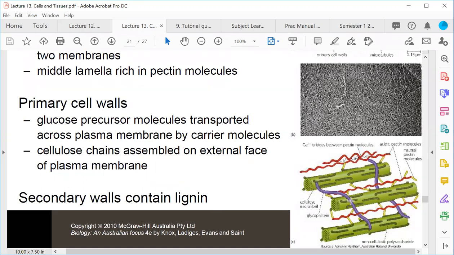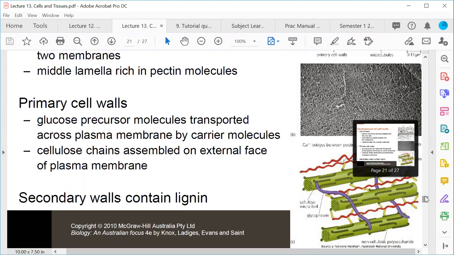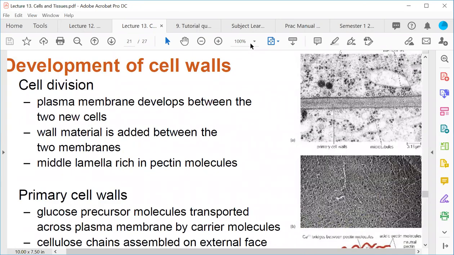In purple, we have glycoproteins, and we have different types of polysaccharides, which are indicated here as non-cellulosic polysaccharides attached to the cellulose microfibrils. Okay, so that's basically the structure of the cell wall.